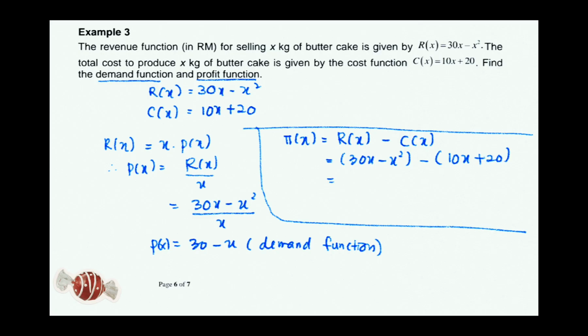So we will get 30X minus X squared minus 10X minus 20. When we simplify, we will get negative X squared plus 20X minus 20. So this is the profit function.